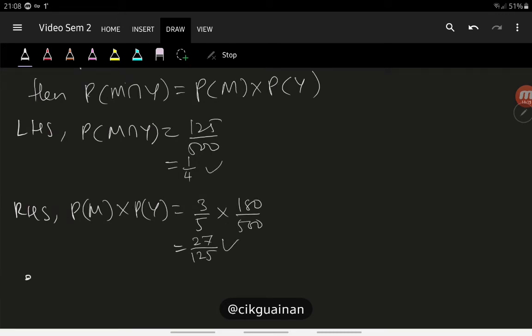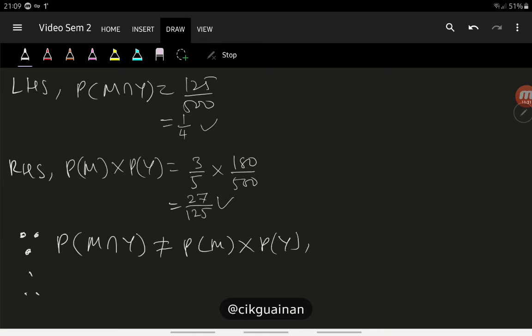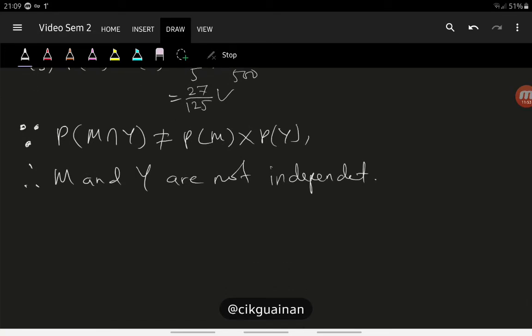So since P(M intersect Y) is not equal to P(M) multiplied by P(Y), therefore M and yes are not independent. The other words for not independent is give influence to each other. Okay, so let's proceed to the next question.